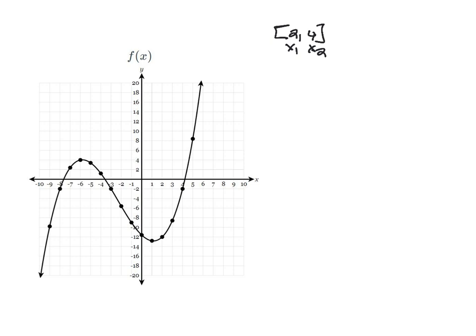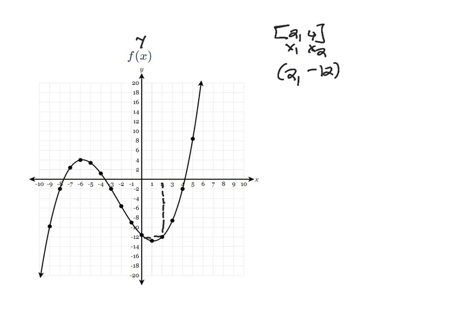And of course, f of x is the same thing as y. So when x1 is 2, if we move down to the graph and across to the y value, we'll see that the corresponding y value is negative 12. So one coordinate is (2, -12).